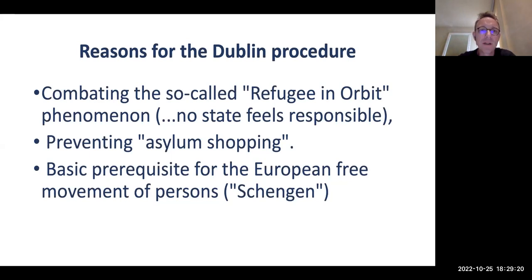The other part is that it was very clearly said that European countries wanted to avoid a sort of asylum shopping.